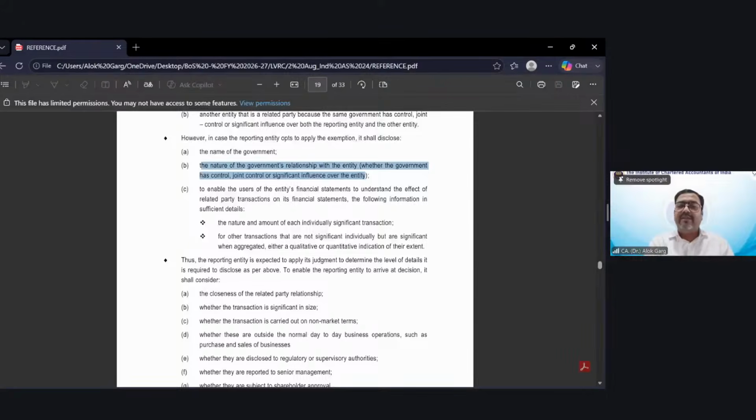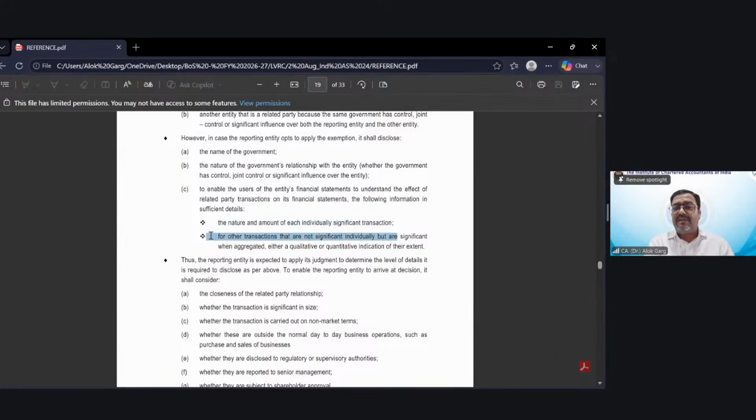This enables the user of the entity's financial statements to understand the effect of related party transactions on its financial statements. The following information is required in sufficient detail: for example, the nature and amount of each individually significant transaction.